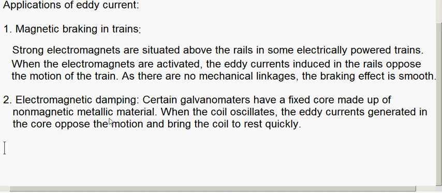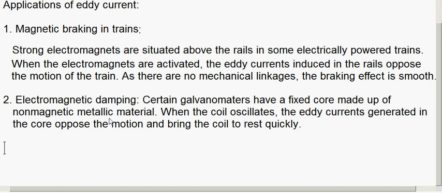These are some of the applications of eddy current. One is magnetic braking in trains and another one is electromagnetic damping. There are some other applications like induction furnace and electric power meters. If you have an analog power meter at your house, you might have observed a disc keeps rotating, and the disc rotates because of eddy current, because the electric currents are induced in the disc by magnetic fields produced by sinusoidally varying current in the coil.